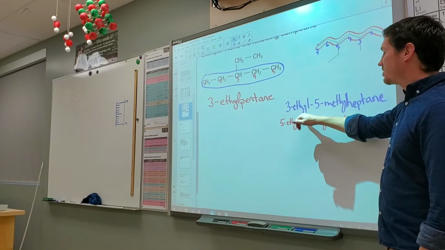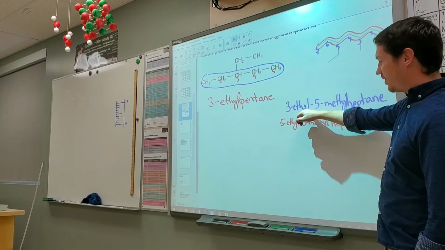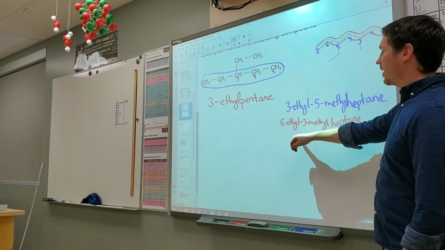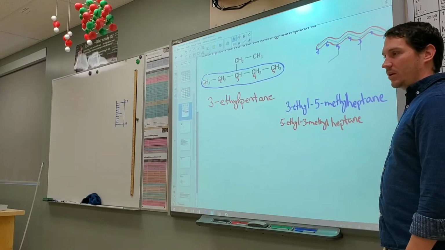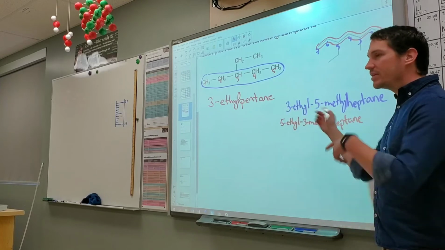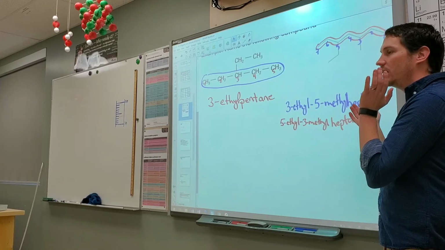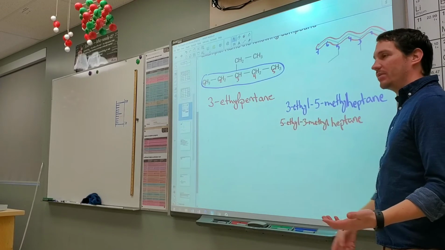Which one of these would you rather name it? Would you rather give the ethyl the 3, or would you rather give the ethyl the 5? The 3. Are we okay with that? Yeah, because there's no difference between the numbers now, then we'll assign the one with alphabetical priority the lower number.